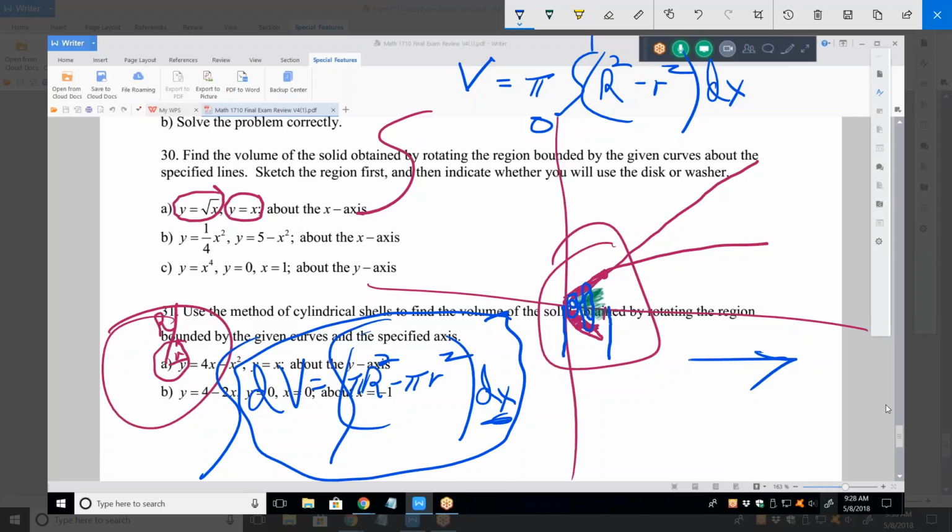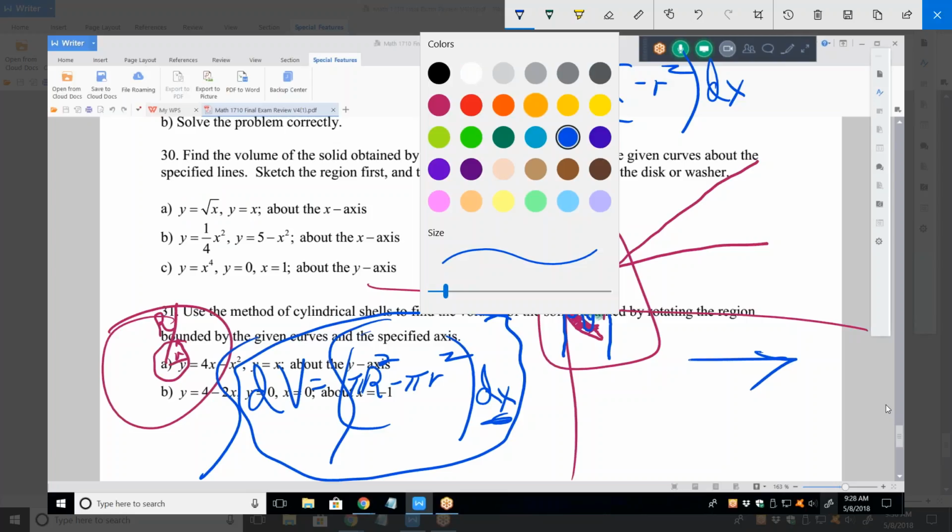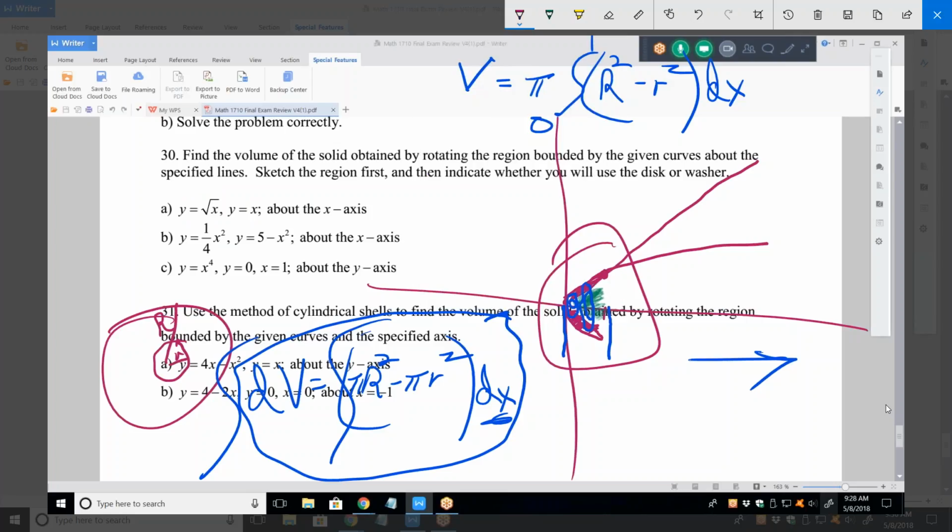Okay, so let's solve this integral. Here, let me erase some stuff here. I'm going to solve it in this color. I like this color better. So the volume equals pi times the integral from 0 to 1. What's capital R squared?